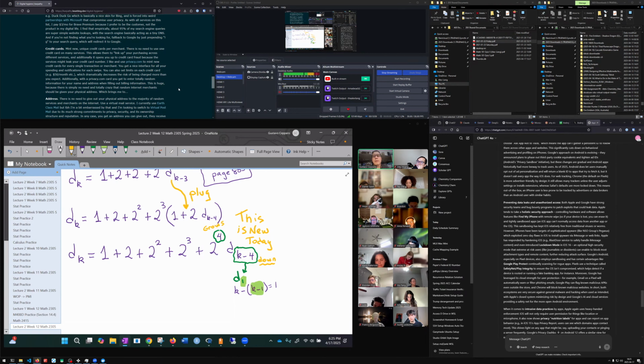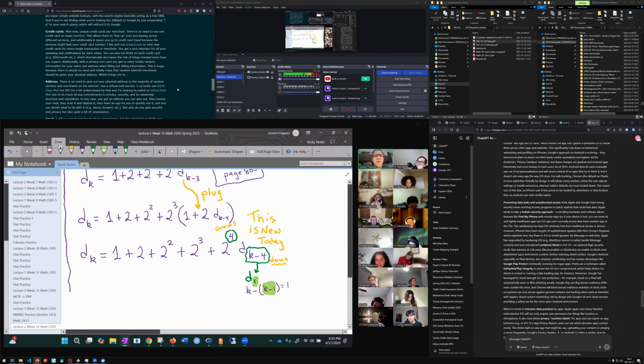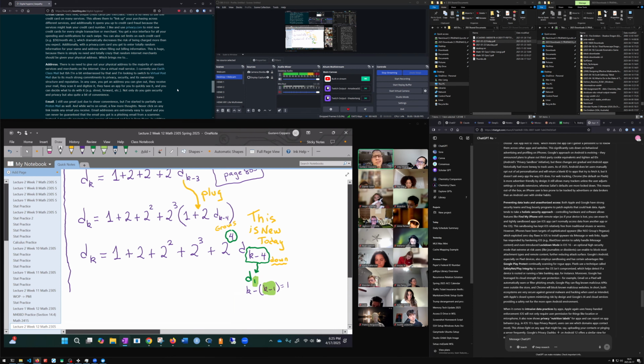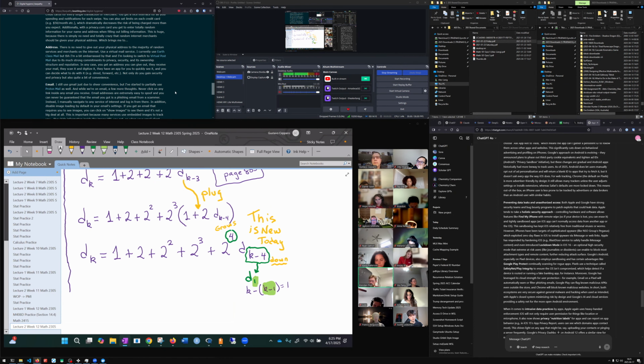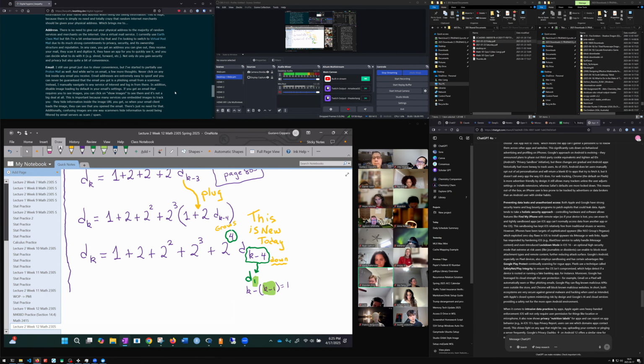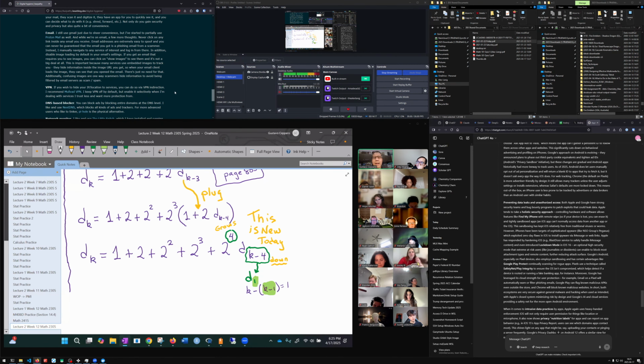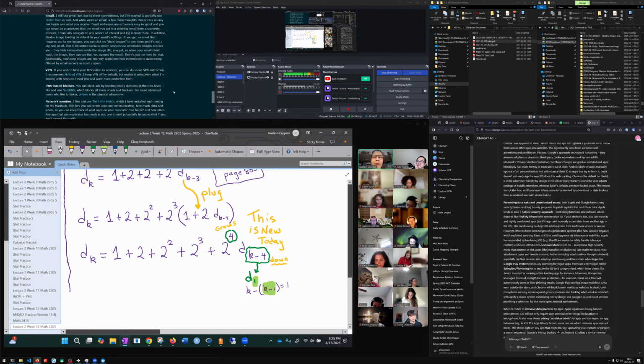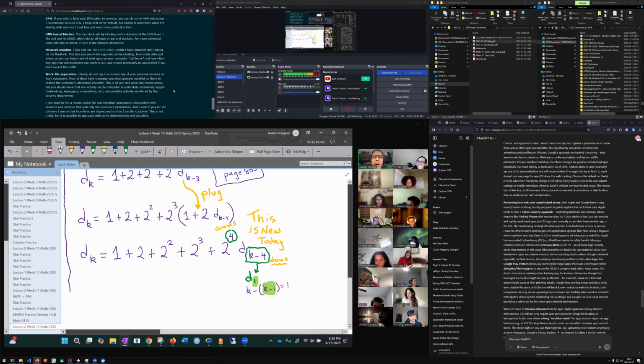All the way to what? It's going to be a 4, a 5, a 6. All the way to which value? K? No K. But K minus 1. It grows all the way to K minus 1. Can you see? On one of them, you're subtracting K minus 1. On the other one, you're adding K minus 1, all the way to K minus 1 power-wise.